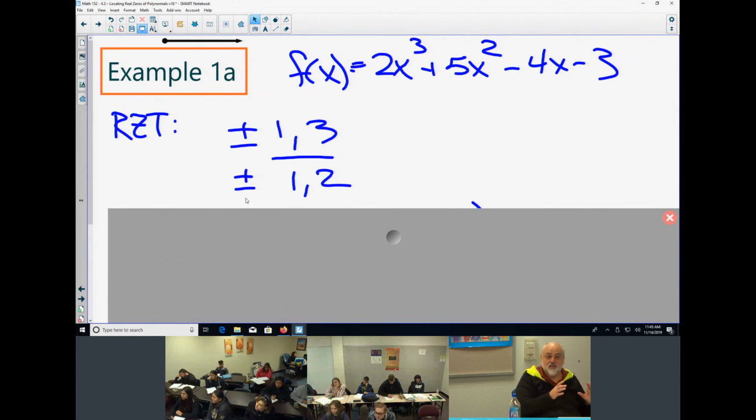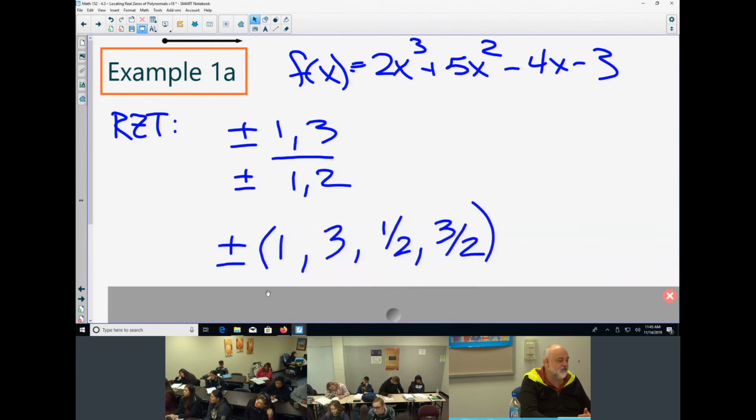To simplify that, you only need to put the plus or minus in the very front, and then you have 1 over 1 is 1, 3 over 1 is 3, 1 over 2 is 1/2, and 3 over 2 is 3/2. You simplify the fractions, and if they occur twice, you don't have to list them twice. You put plus or minus and then parentheses. So there's really 8 possibilities here. All right, so go ahead and try practice 1A.